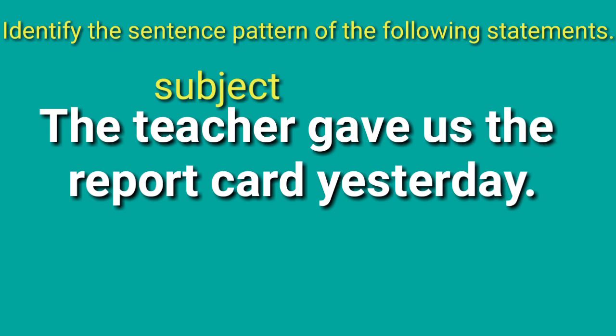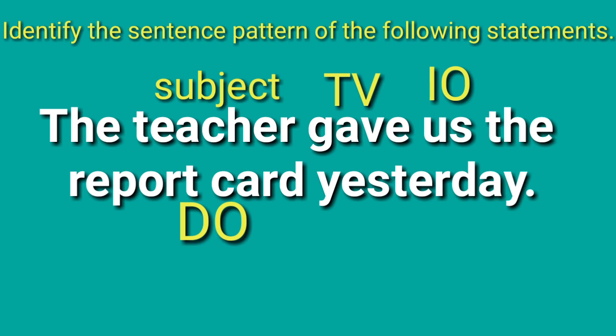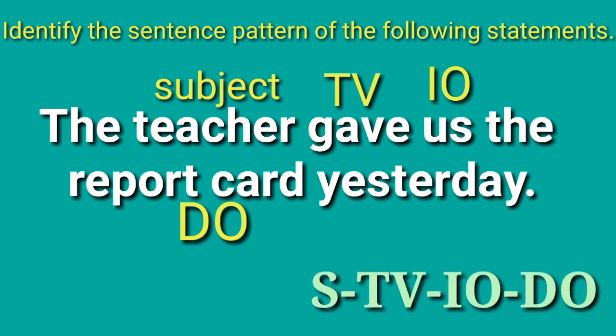Gave is the verb or the TV. To whom did the teacher give the report card? Us is the IO. What did the teacher give us yesterday? Report card. So report card is the direct object. So therefore, the sentence pattern is S-TV-IO-DO.